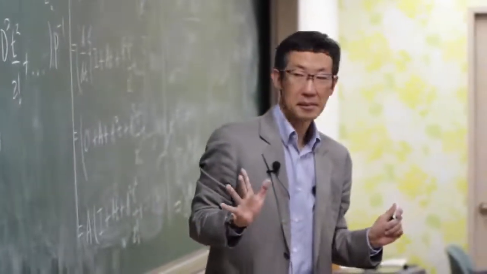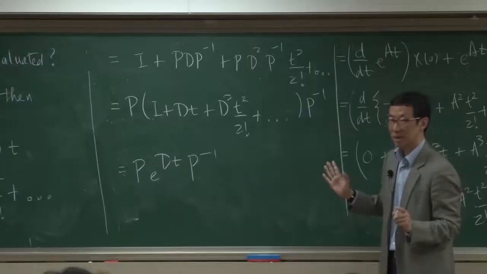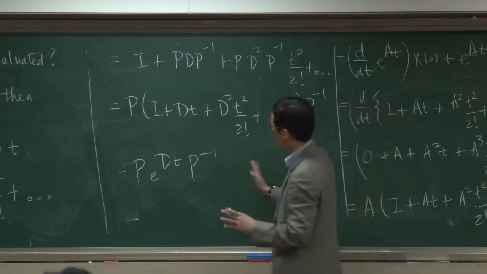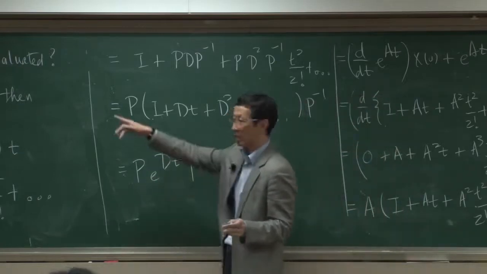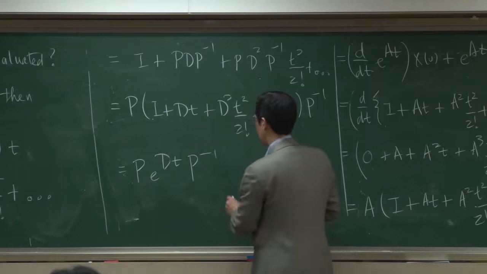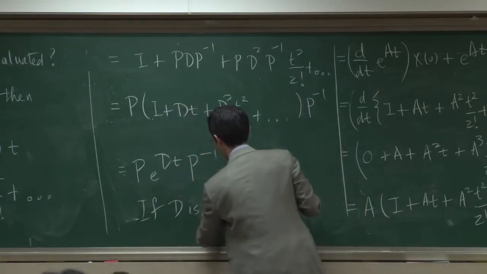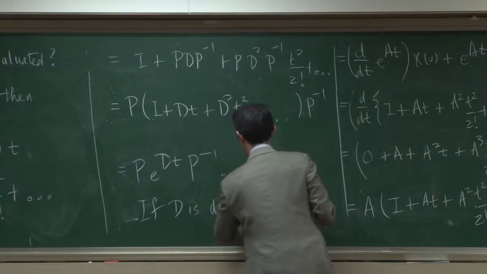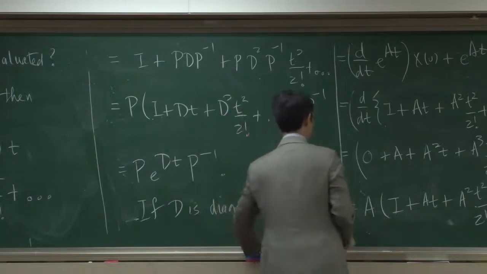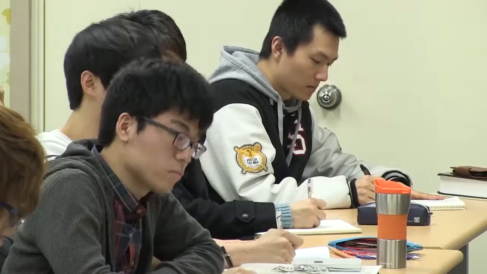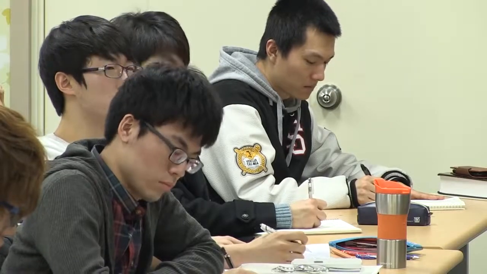So this is true for any D, as long as A can be written that way. Now, if D is diagonal, it turns out that the exponential of Dt is very easy to calculate.